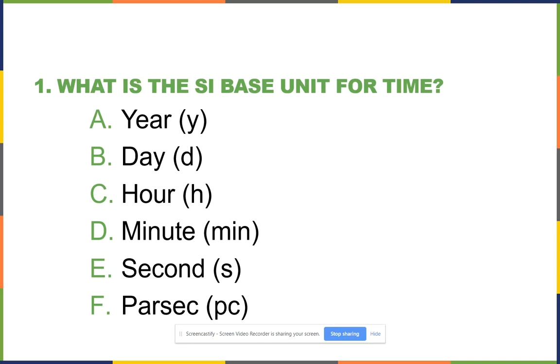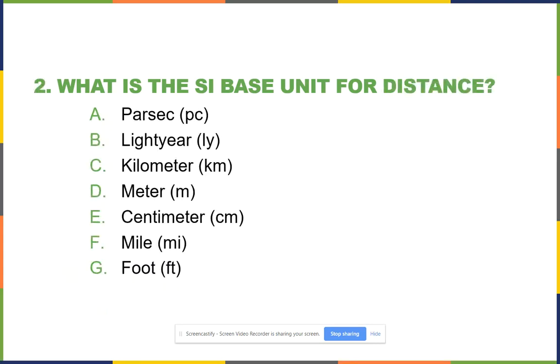Okay, all 11 people who joined up have answered. And so we had 100% said seconds are the base unit for time. Good start. Second question, what is the base unit for distance? Is it parsec? What's a parsec? I'll talk about it after this slide. Okay, everyone's answered, and we have 10 said meters and 1 said kilometer.